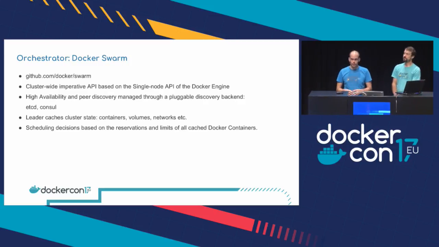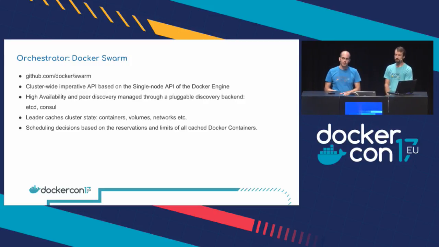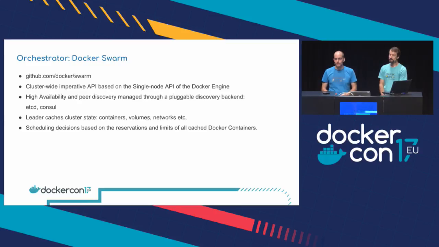So we use several orchestrators in the Docker Enterprise Edition stack, the first one of which is Docker Swarm. This is the first orchestrator developed by Docker, and it lives on the Docker Swarm GitHub repository. It serves a cluster-wide imperative API, which is based on the single node API of the Docker engine.